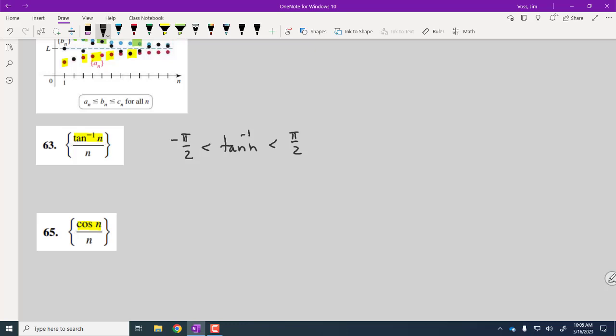And then all we do is take our inequality and multiply or divide it by something to try to match what's inside the curly brackets, to match the a sub n. So what do we do? Divide by n. We divide both the left and right by n, and we divide the center by n.